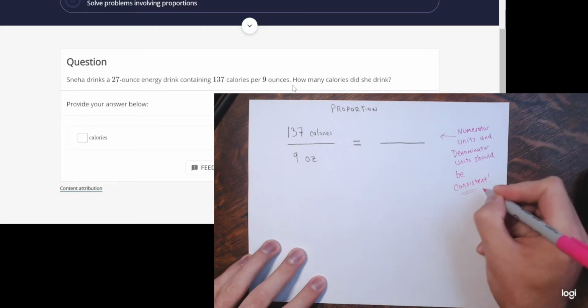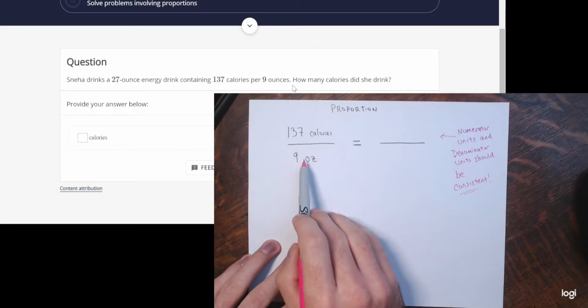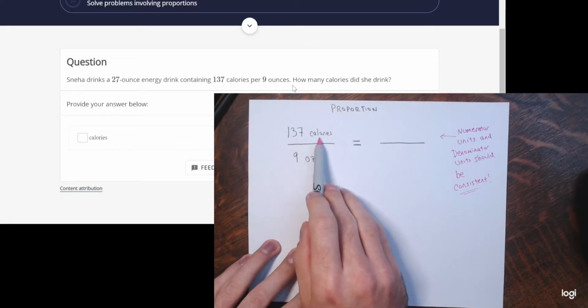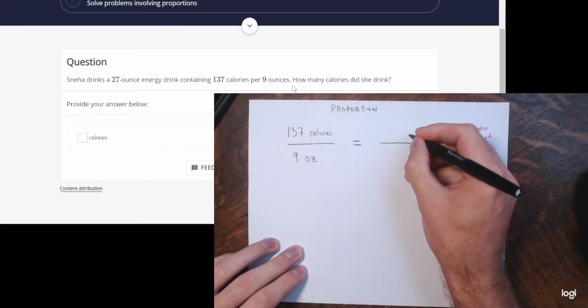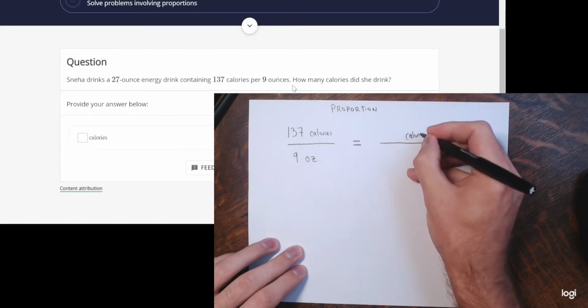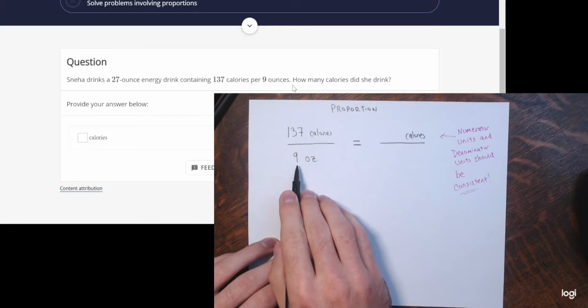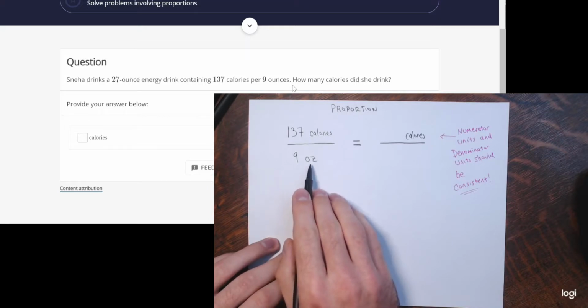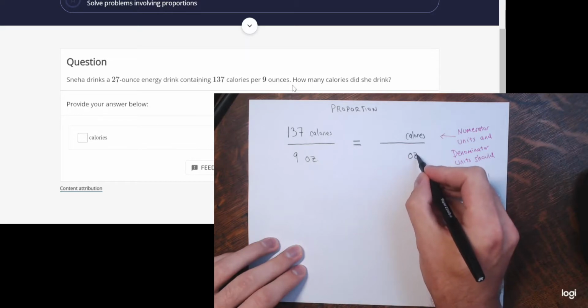What I mean by that is you see how this ratio on the left side that I've written, the numerator has the units of calories. So I would like the numerator units on the other side to also be calories. Right. And on the left side, the denominator units was ounces. So then I would like the denominator units on this side to also be ounces.